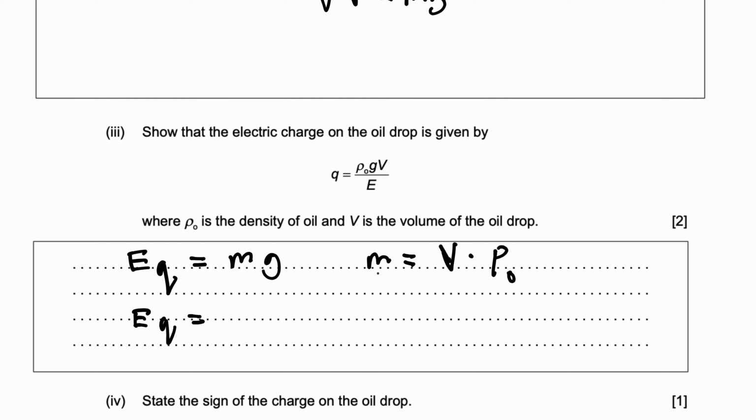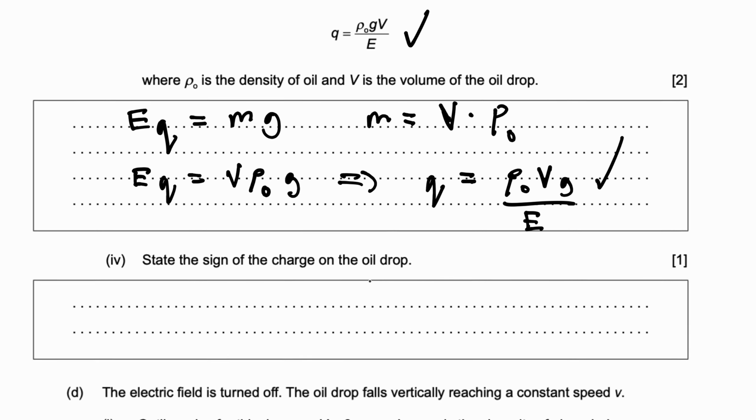EQ is equal to this right there. So I get V rho g, and again I can rewrite this to say Q is equal to, let's write it in the proper form, rho Vg over E. And I have proven this expression right there.